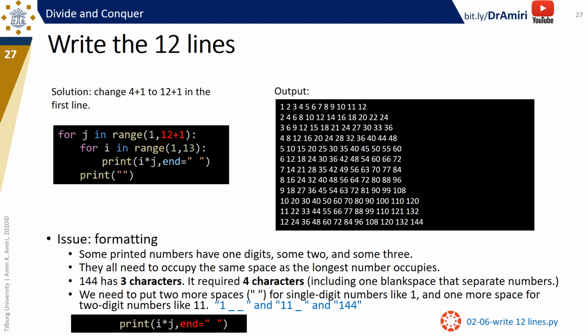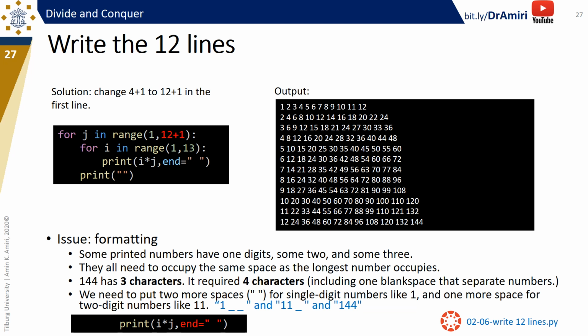So if I want to make this more neat and tidy, all numbers must occupy the same amount of space as the longest numbers. We see here that 144 has 3 characters, and it requires 4 characters: three characters for the 3 digits and 1 character for a blank space that separates 144 from 132.